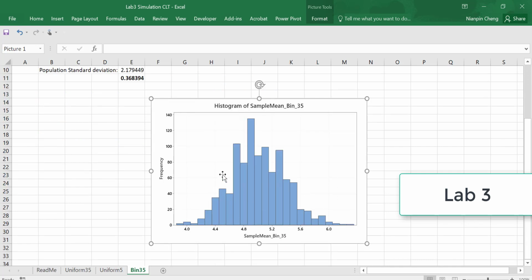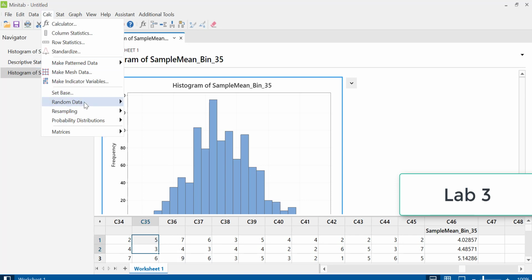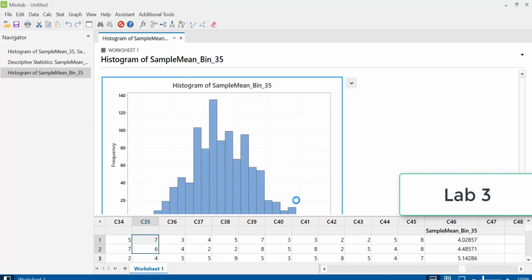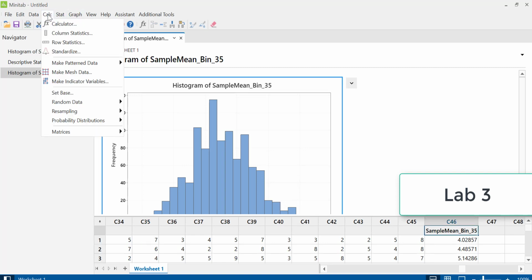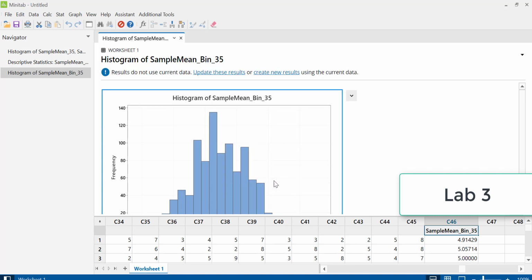Now I'm just curious, because the shape didn't look that normal. So instead of generating 1,000, how about generating the binomial distribution with 5,000? And also we calculate the row statistics here.